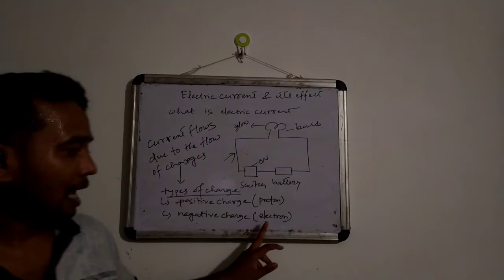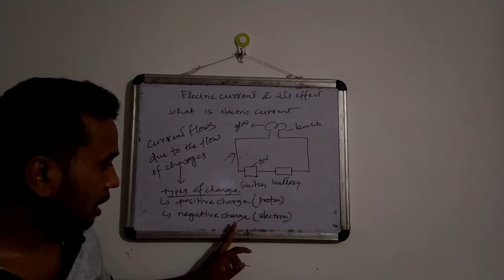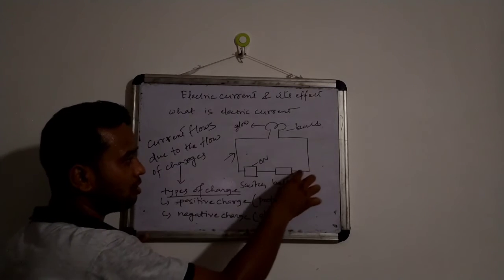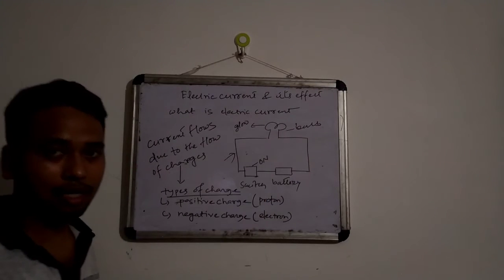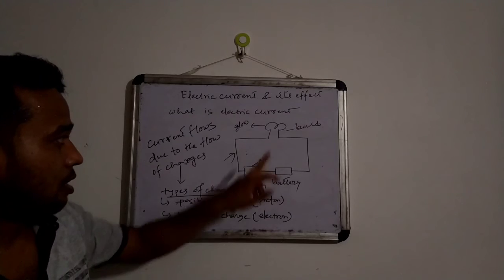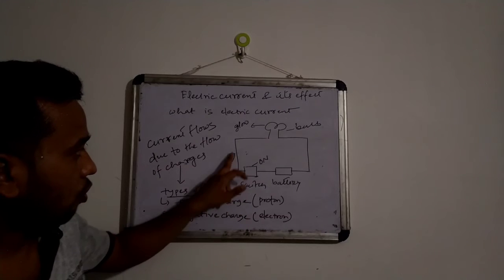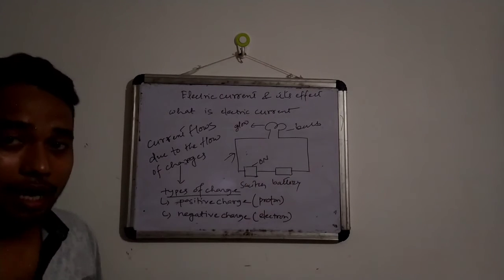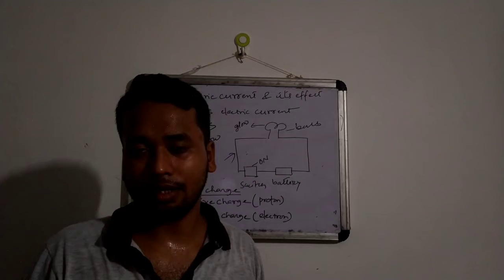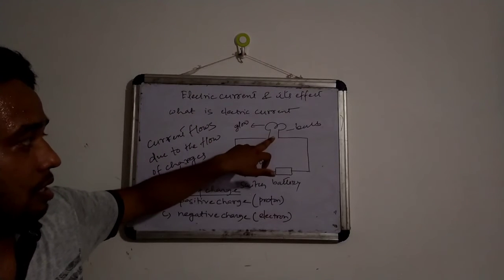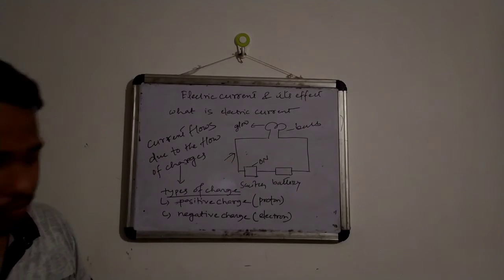Now this electron, or negative charge, flows through this copper wire, and that is why the bulb glows, because when the electron flows through the copper wire, an electric current is generated, and due to this electric current the bulb glows.